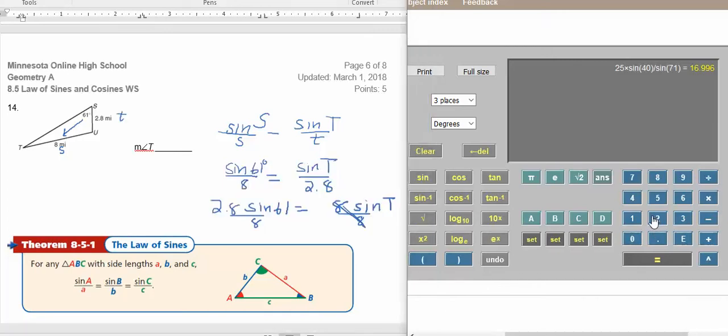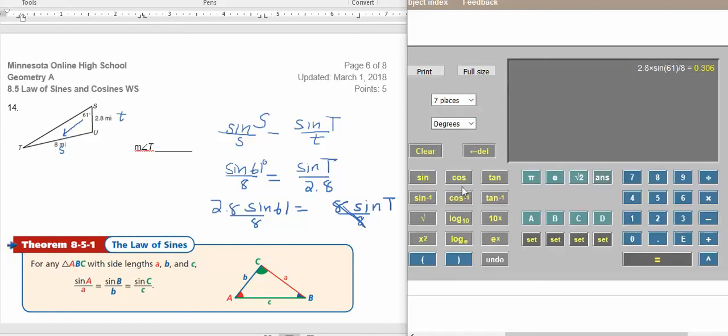You can go 2.8 times the sine of 61, and then I have to divide that by 8, and that's equal to this number, 0.306, approximately.